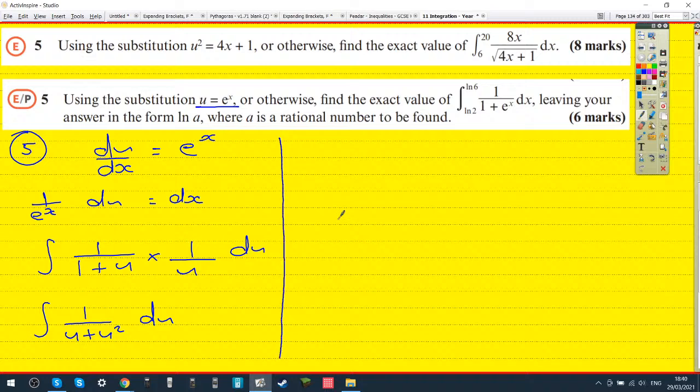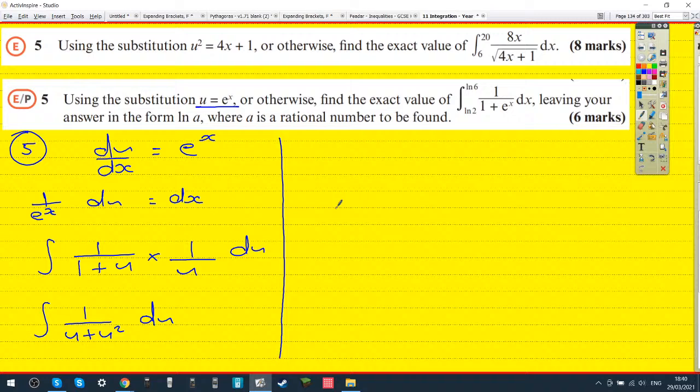Should I make that 1 over u plus 1 over u squared? Long way would be partial fractions, integrating it that way.